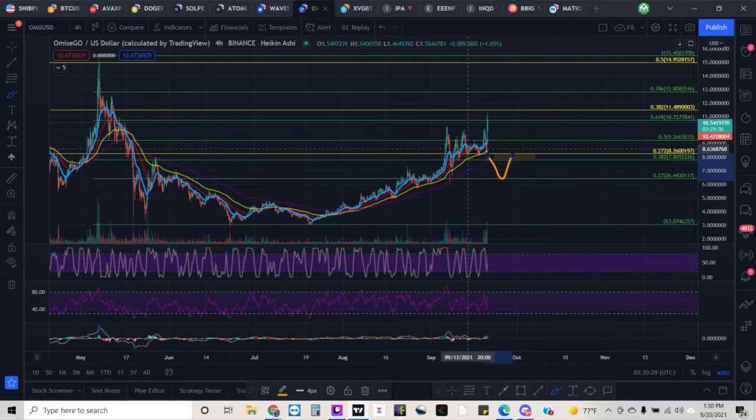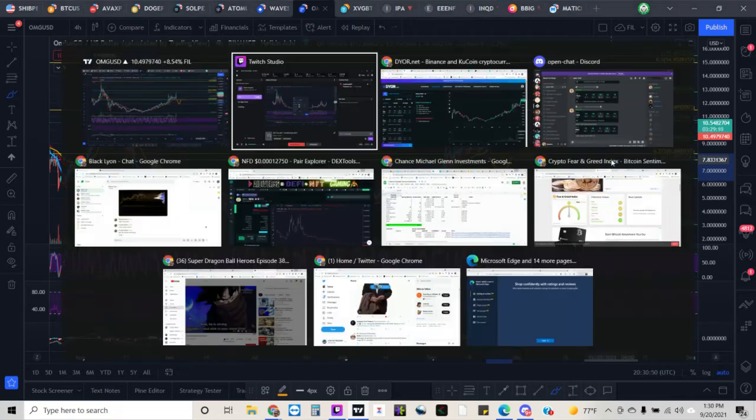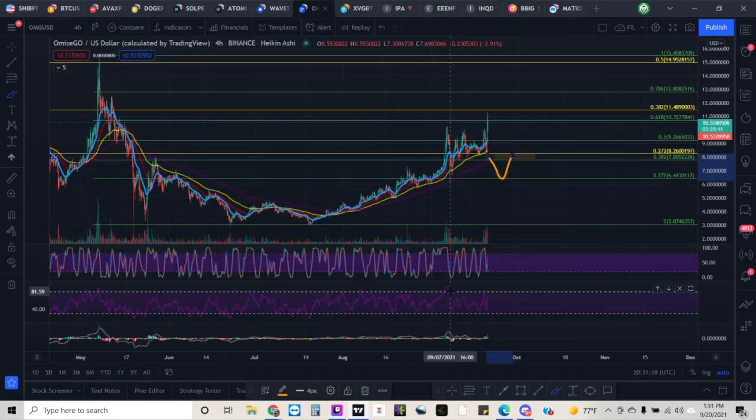And so after the temporary bounce happens, this is a nice area to play for a quick, what's called a swing trade. From 272 at $6.44 all the way back up to somewhere between $7.80 and $8.26.